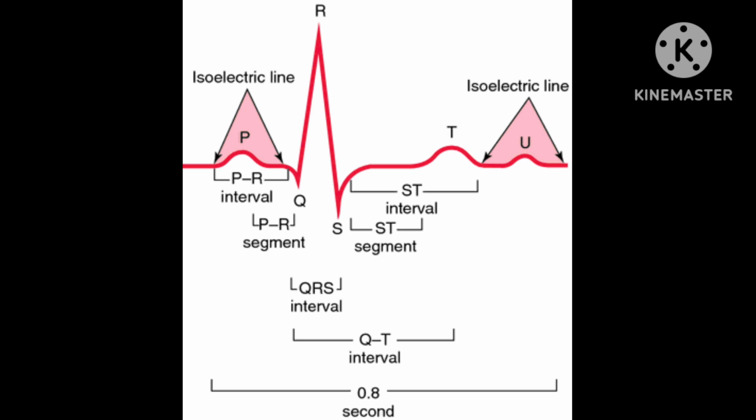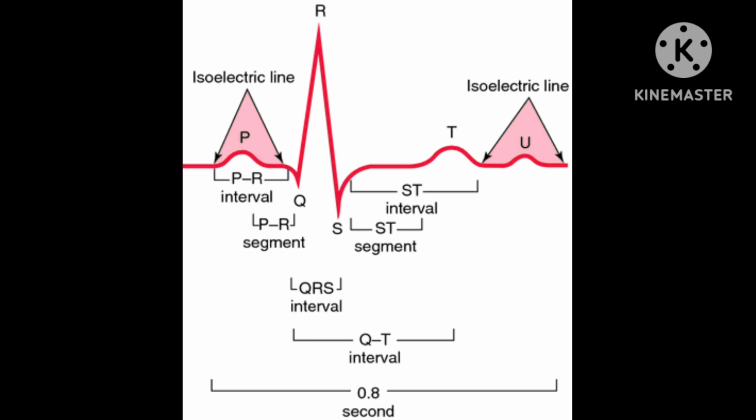And the QRS wave, here you see, this is a QRS wave. Correct? This is a complex wave. It is a combination of three waves: Q wave, R wave, and S wave. Together it is called the QRS wave.